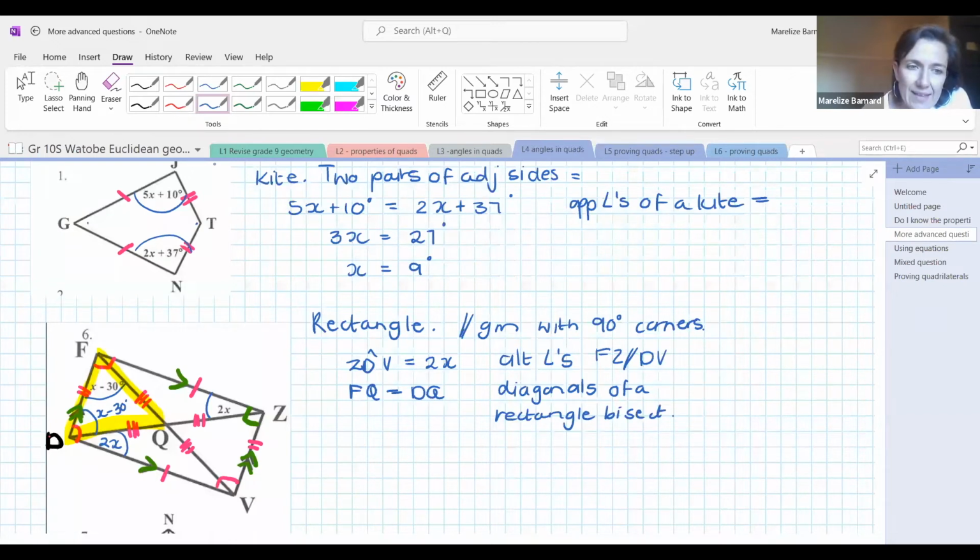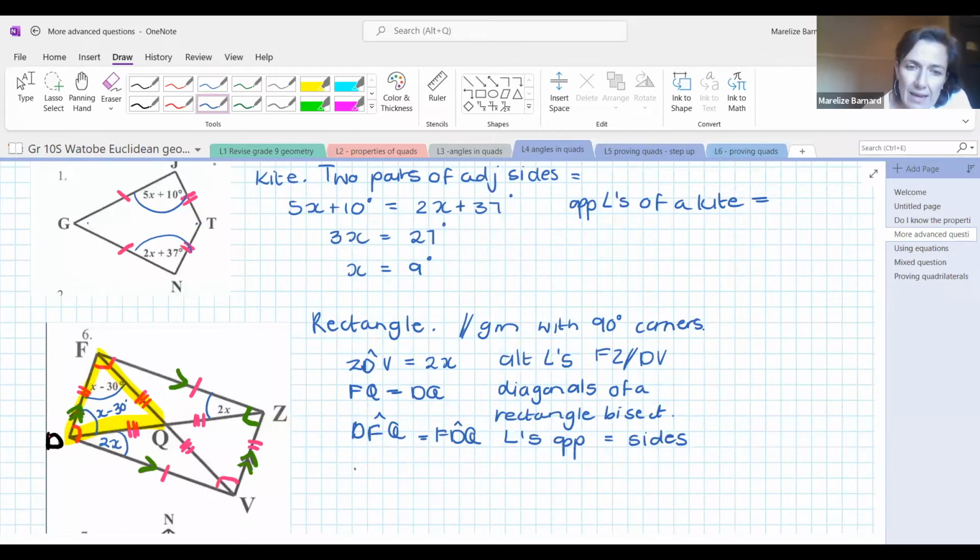Okay, and then I can say angle DFQ is equal to angle FDQ, and that's because of angles opposite equal sides.